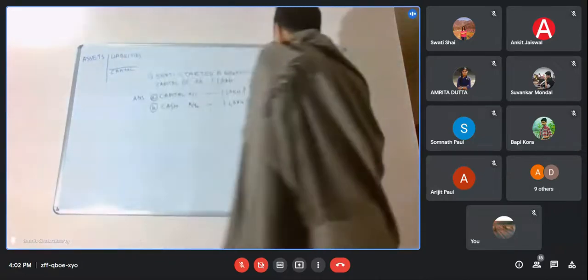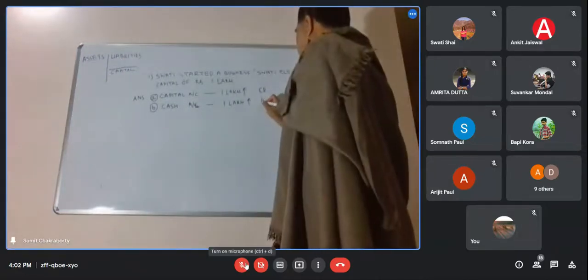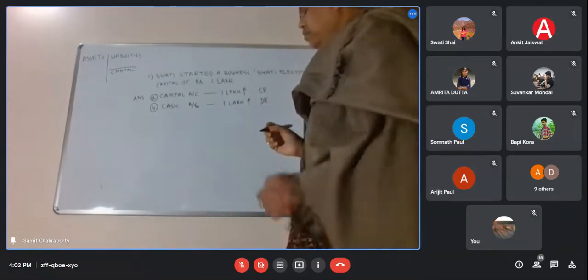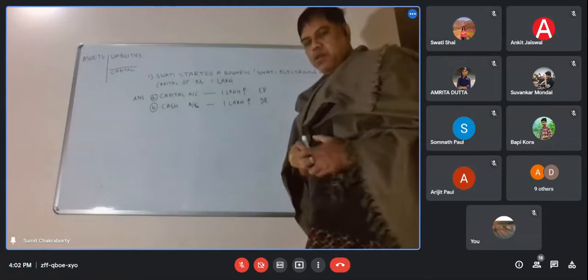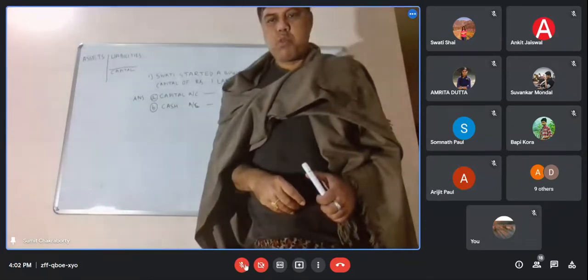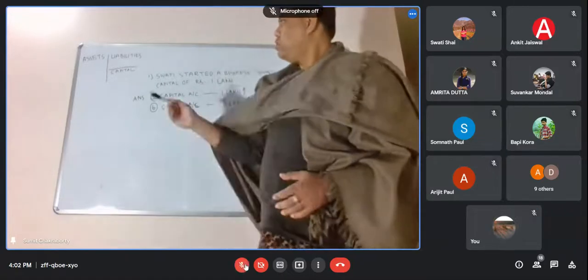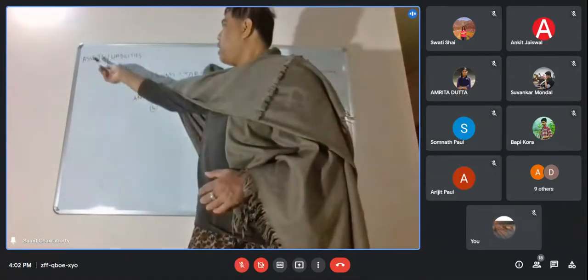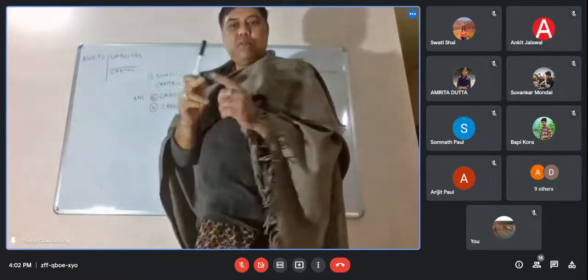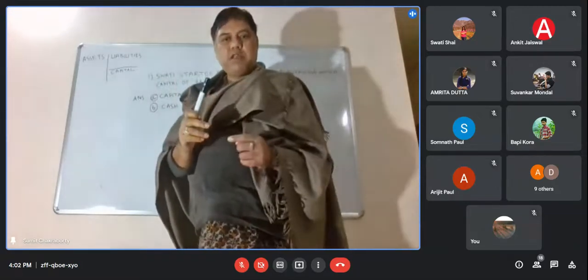Increase in asset means debit. Understood that? Capital here 1 lakh and cash here 1 lakh. Neutralizes each other.